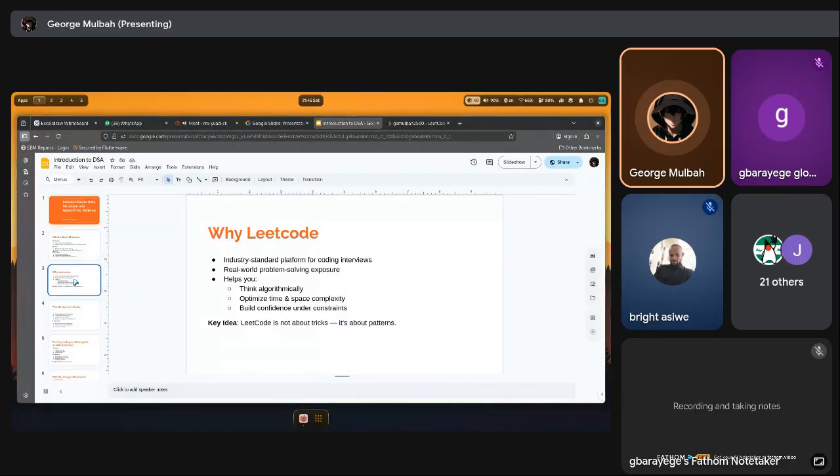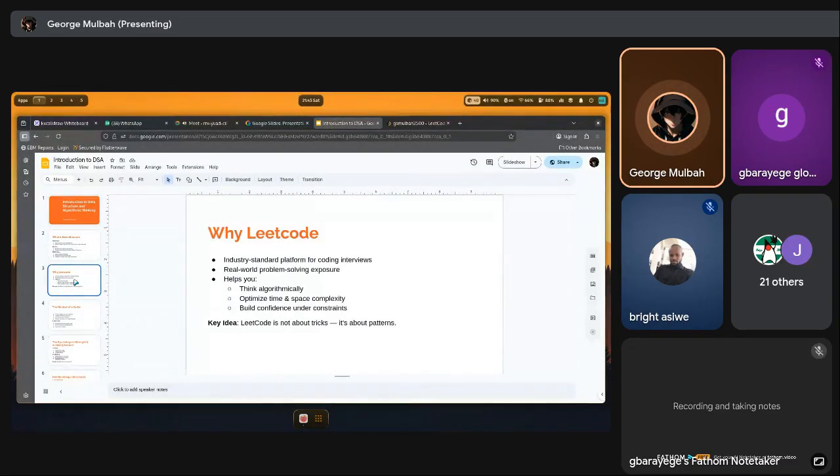There are some platforms used for coding interviews, like AlgoExpert, LeetCode, and there's a lot of platforms they use for coding interviews, Codewars, yes. But all of these platforms, the simple thing they are trying to do is help you think in terms of algorithms, how to optimize time and space complexity.